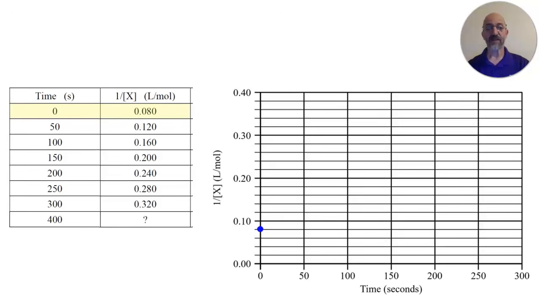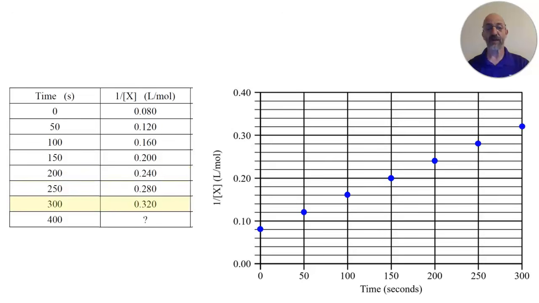And now when I go to 50 seconds, it's 0.12. And at 100 seconds, it's 0.16. At 150 seconds, it's 0.2. This is looking like a straight line. I'm going to keep going. At 200 seconds, 0.24. At 250 seconds, 0.28. And at 300 seconds, 0.32.